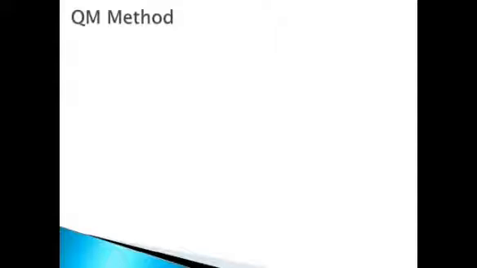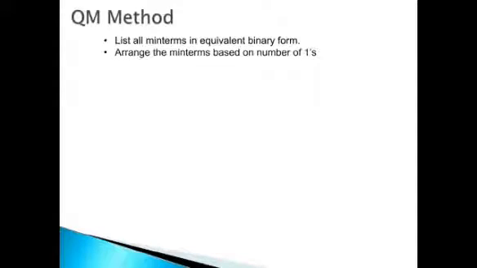The process to find the Boolean expression using the QM method involves the following steps. In the very first step, we will list all the minterms in the equivalent binary form, and then we will arrange the minterms based on the number of ones available in the binary form.